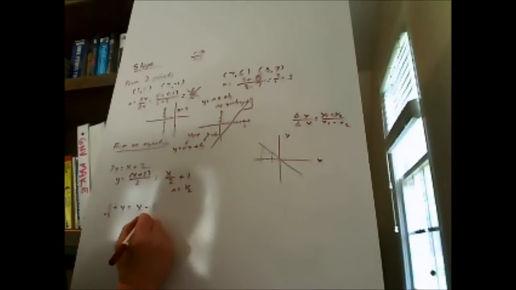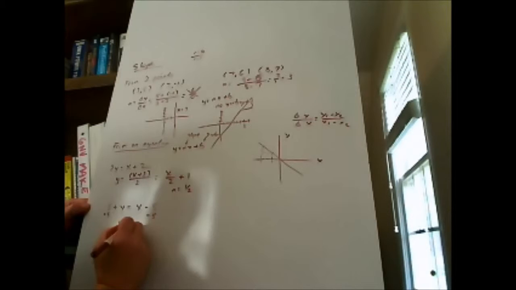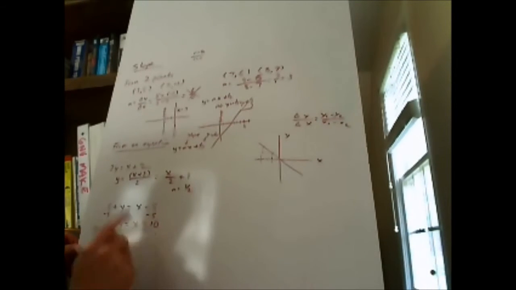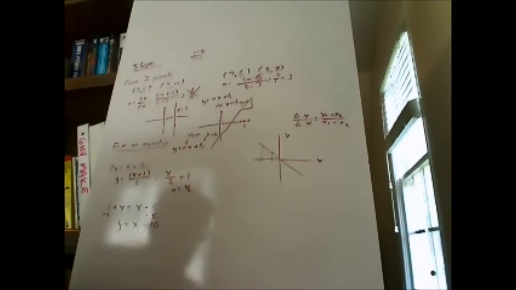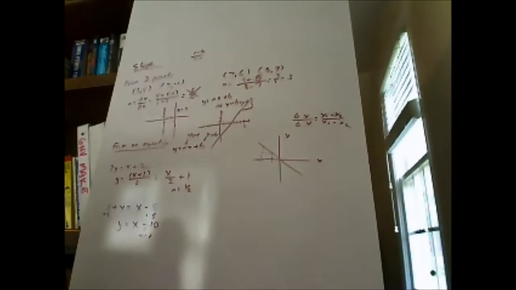Okay. So y is equal to x plus 10. Oops, minus 10. My mistake there. So slope is going to be 1. M is equal to 1, 1 times x.